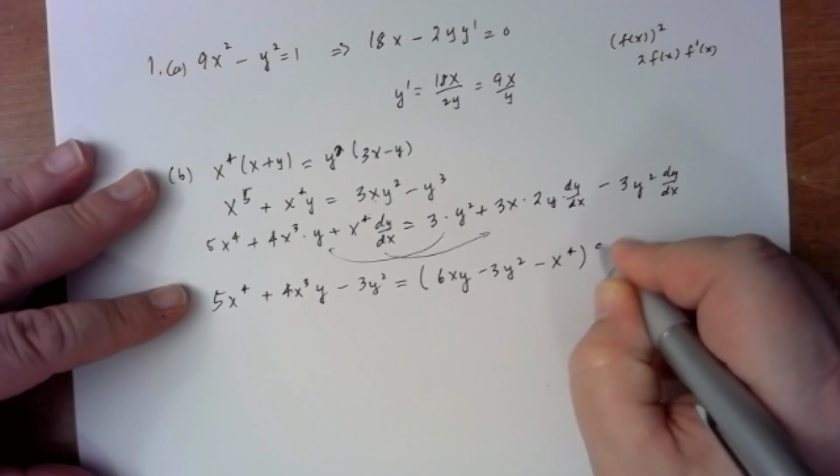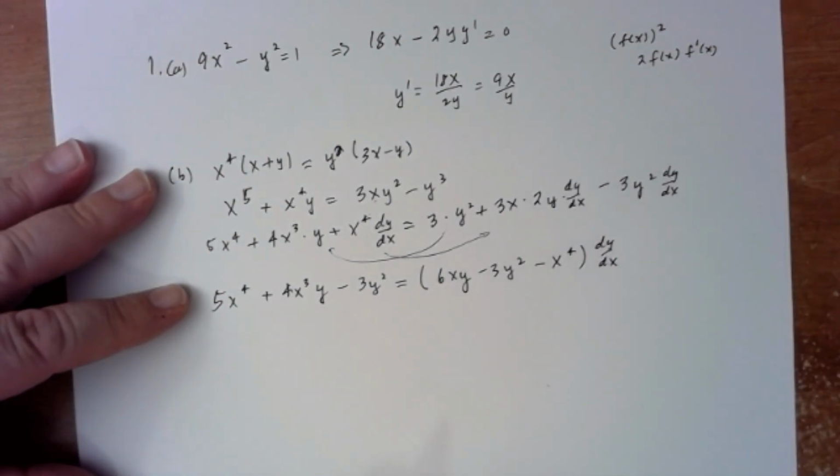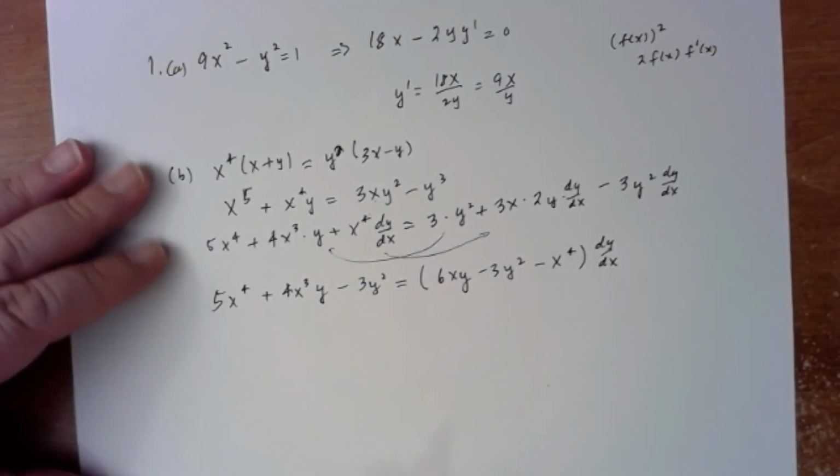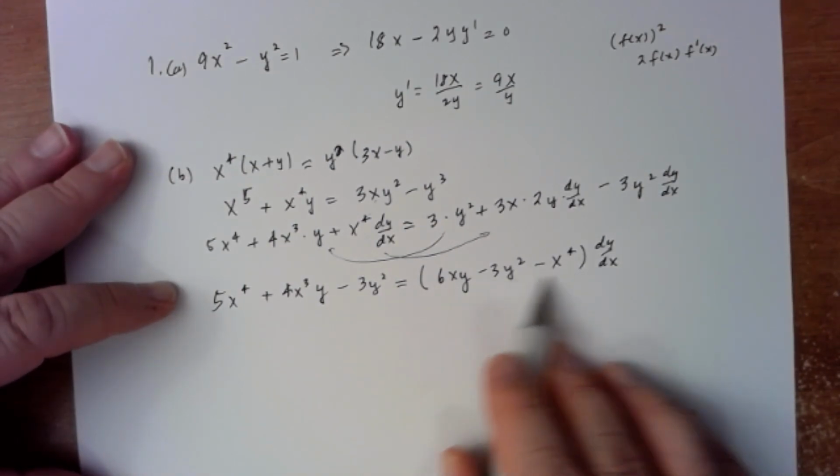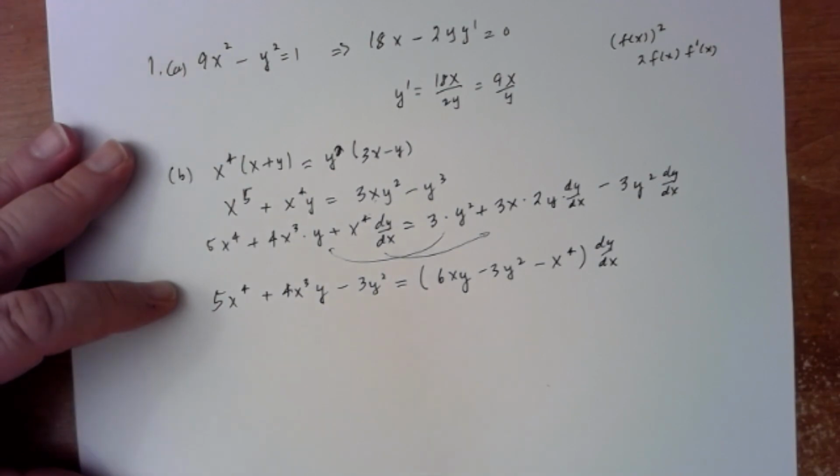Okay, and that's all times dy over dx. Good. We're just about there. Now we just divide both sides by this 6xy minus 3y squared minus x to the fourth. And we're all done.